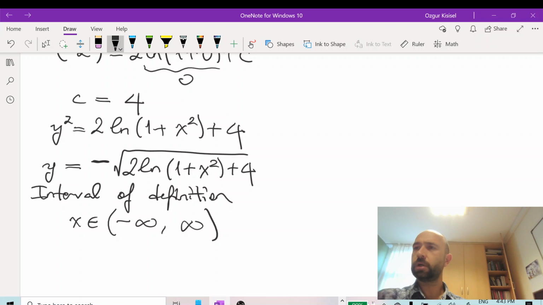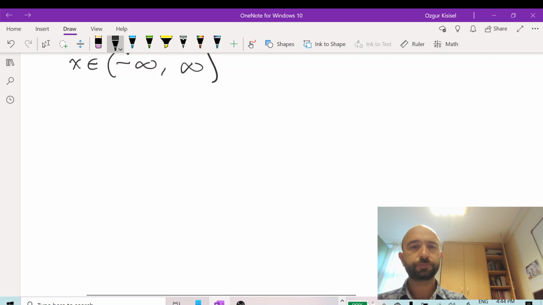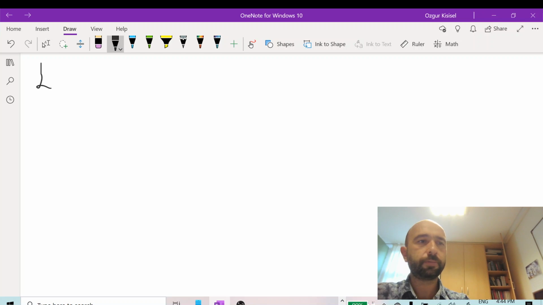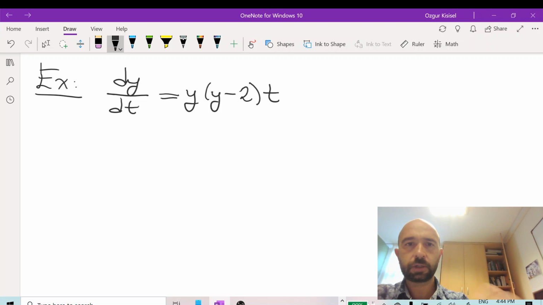Now, let's solve one more example of this type, where I can say a couple of other things. This time, let's solve the following differential equation. dy/dt equals y times (y minus 2) times t.